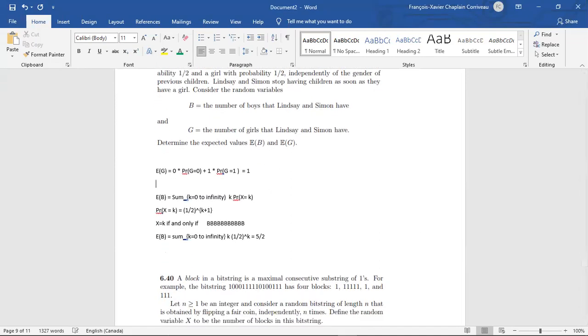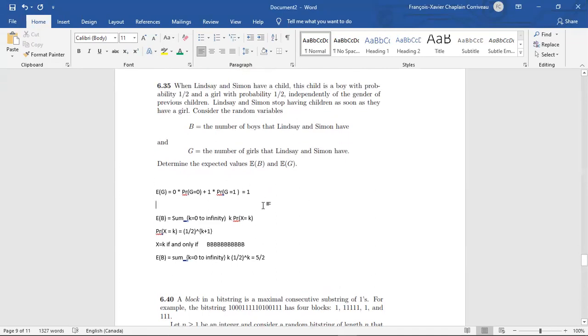This looks odd to me, but I guess you're right. Again, for the justification, it would be enough to say they only stop if they have a girl. It's guaranteed. They have to have exactly 1 girl.